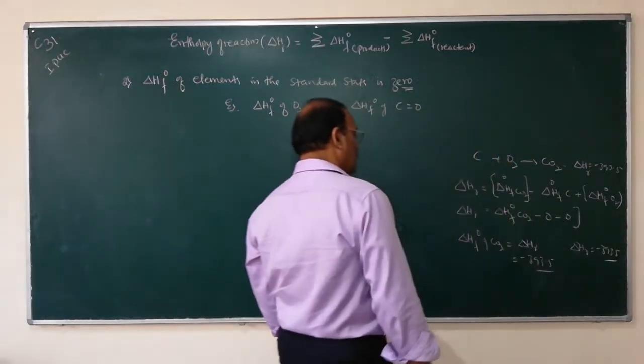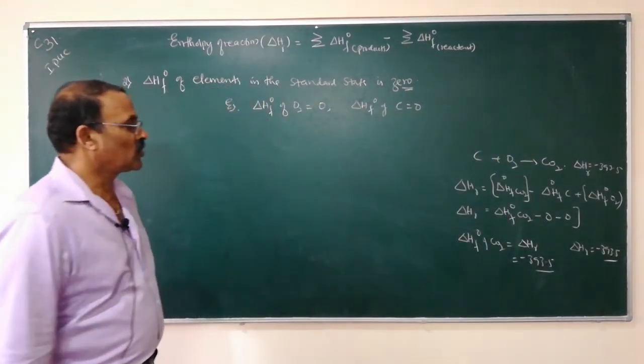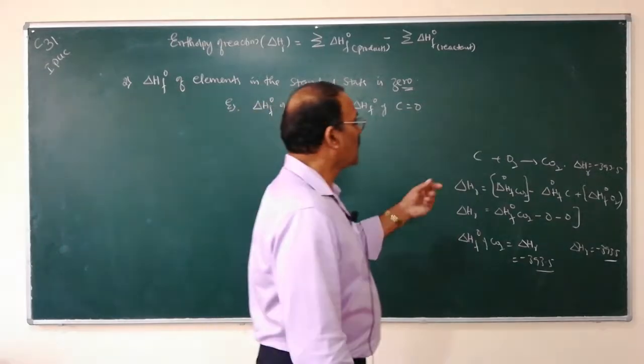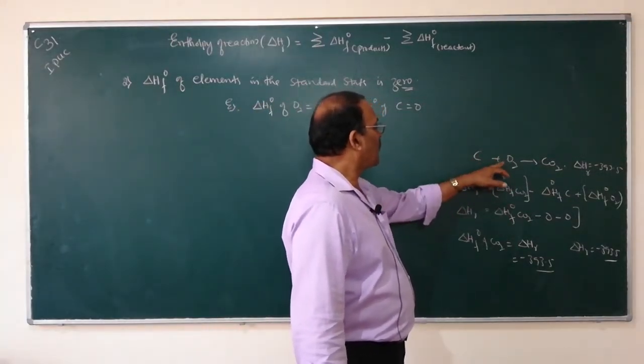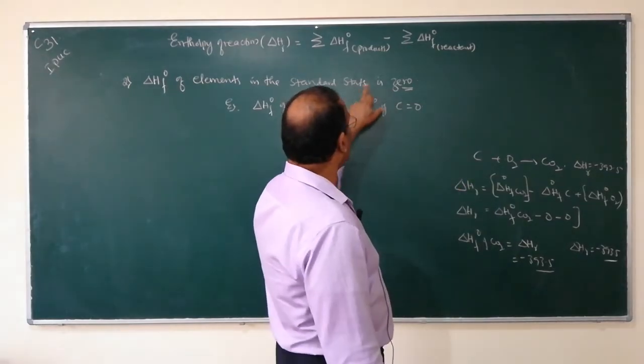Therefore delta HF naught of CO2 is equal to minus 393.5. So if elements are there in the reaction, their enthalpy of formation should be assumed to be 0.